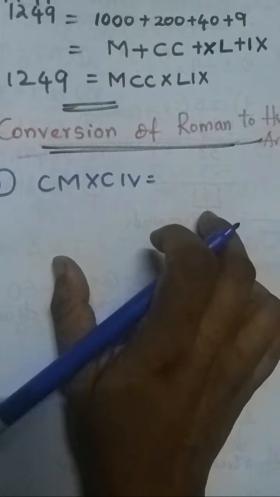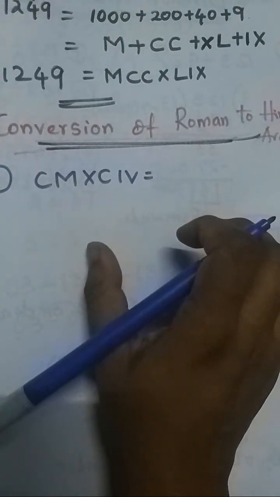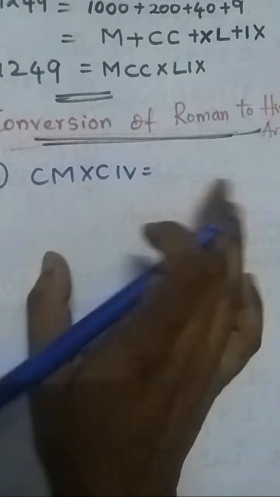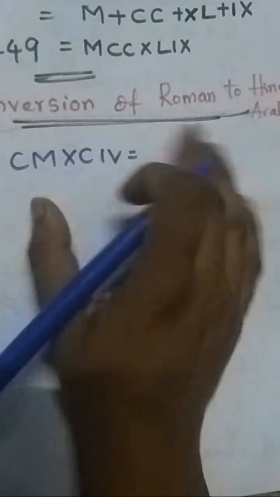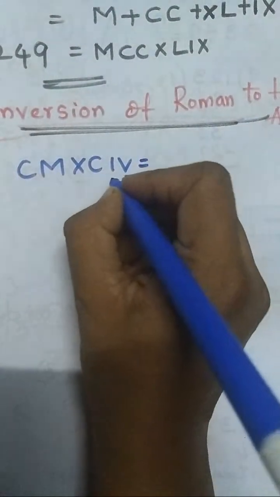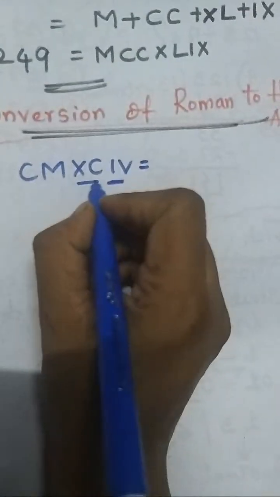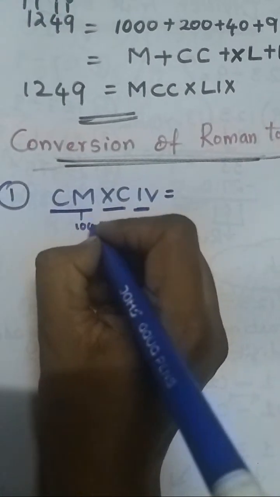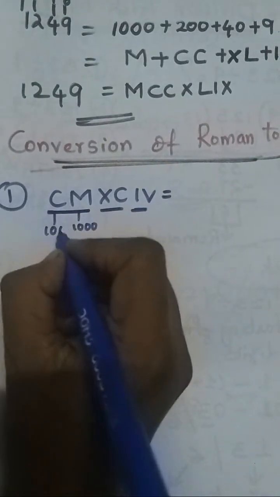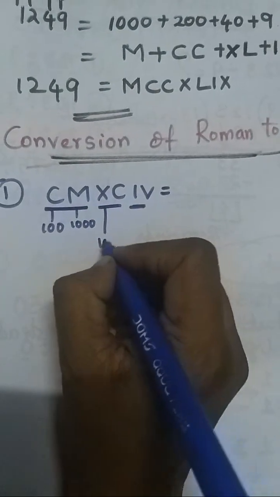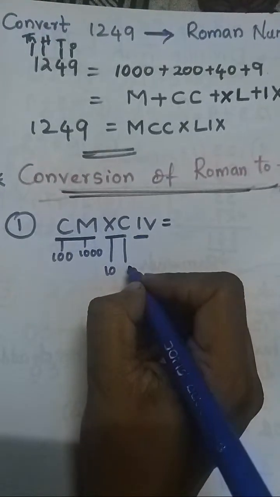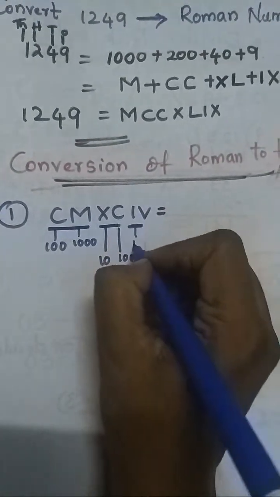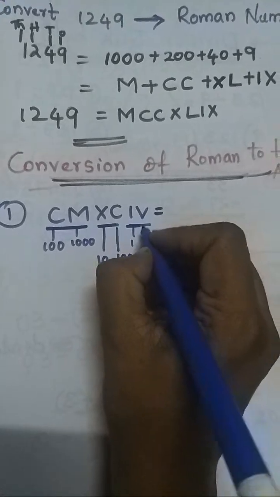First identify the largest value, and then check whether any symbol is before the largest number, then identify the next largest values, then write down. First we write them in pairs, so that you can understand easily. M means 1000 and C means 100. Here X means 10, C means 100. Here I and V means 5.